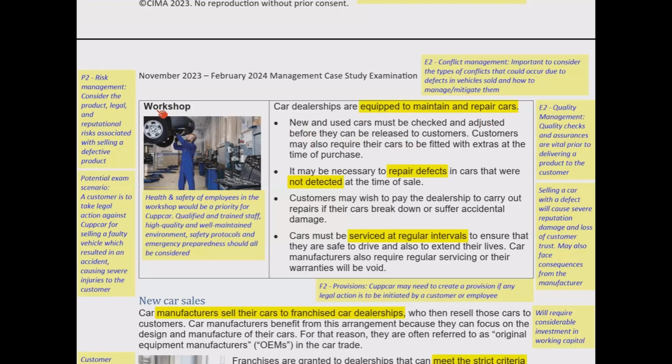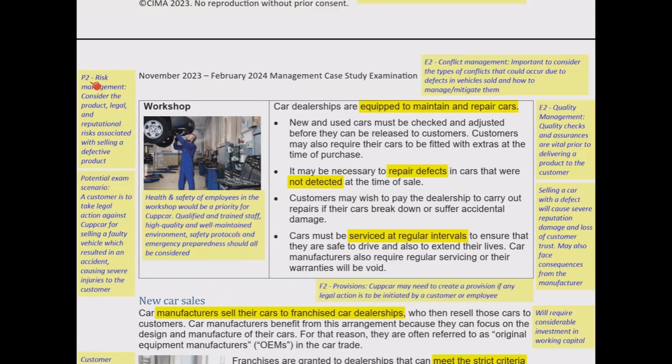And also, of course, the workshop would do those activities for customers who did not originally buy their car at that dealership. So it has its own customers, if you like, who have never previously bought a car from the dealership.